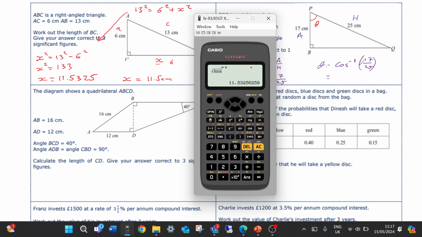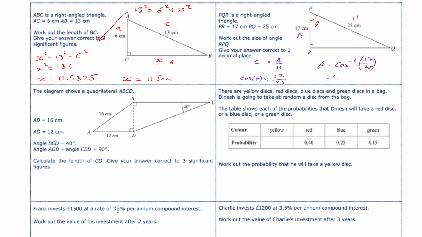So I'm looking at shift cos, and then we're putting 17 over 25. That gives me 47.1563. So to 1 decimal place, that's going to be equal.